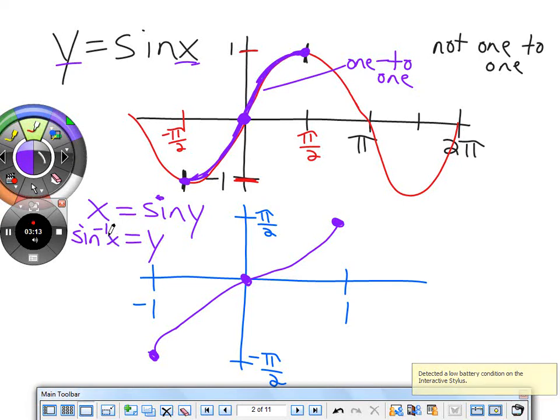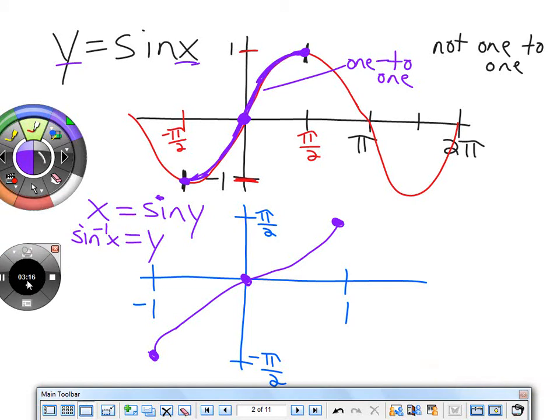We use that little -1 there to show that it's an inverse function, an inverse trig function in this case. You can graph this on your calculator too. You could go to y equals, find the button for inverse sine of x, and you'll get that little sketch of the graph.